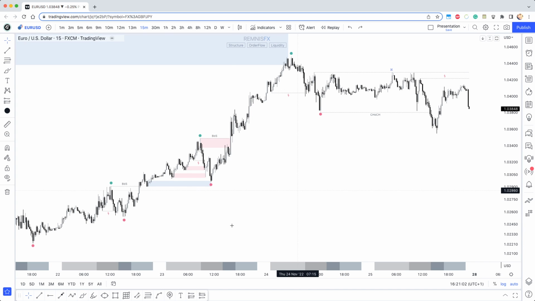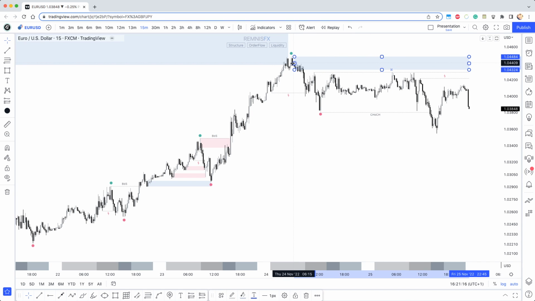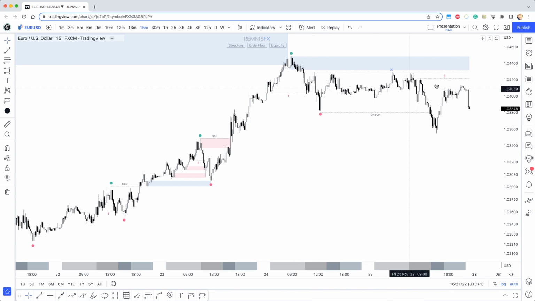Because if we also put order flow in play, this was our last push up high to the upside before the market turned to the downside, right?